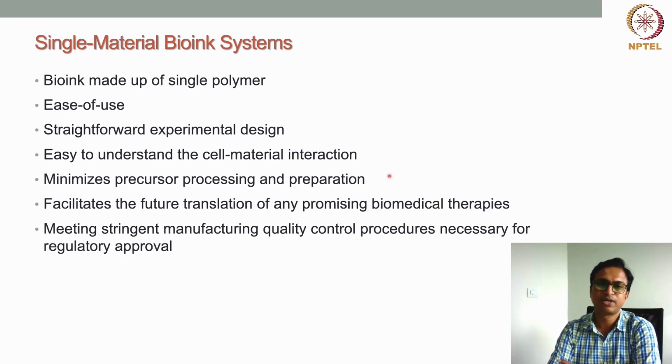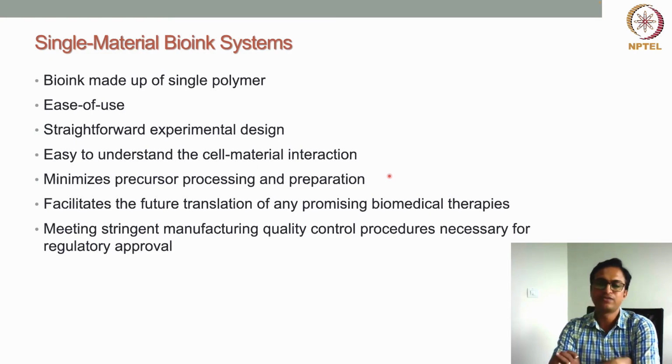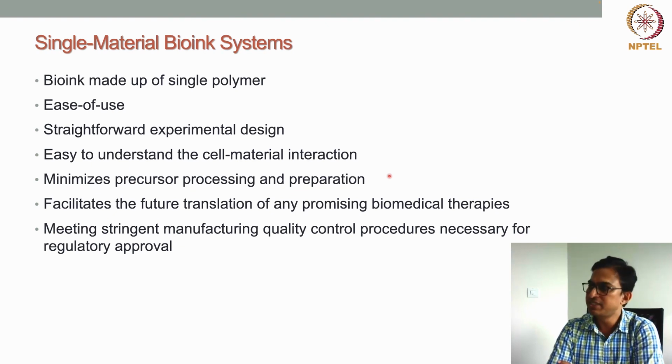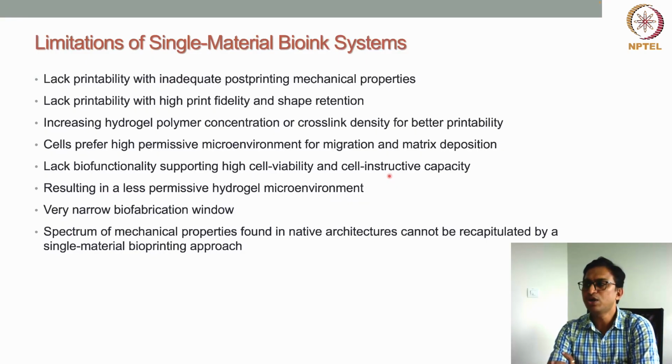That's why a single material bioink system is very easy to use, straightforward, easy for studying cell material interaction, and it also facilitates future translation easily, since meeting stringent manufacturing and quality control procedures for regulatory approval is easier. But with a single material bioink system, there are some limitations because of its single material nature.